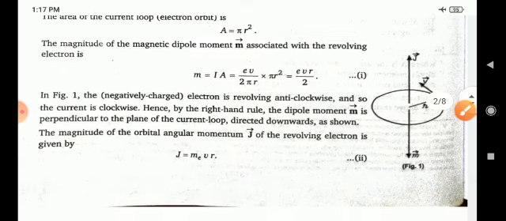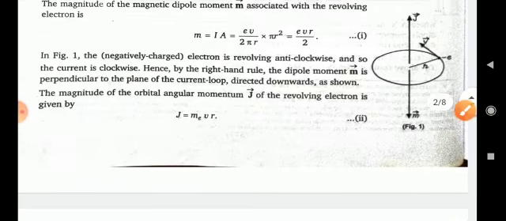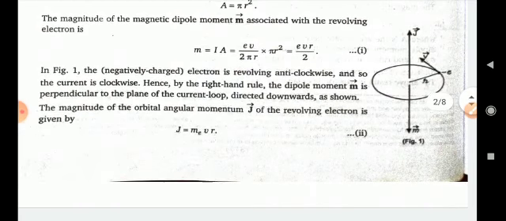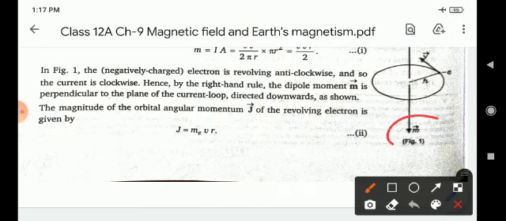Okay, children, please see this picture. The electron is revolving around the nucleus, m is the magnetic moment, j is the angular momentum, v is the velocity, r is the radius, e is the electron.